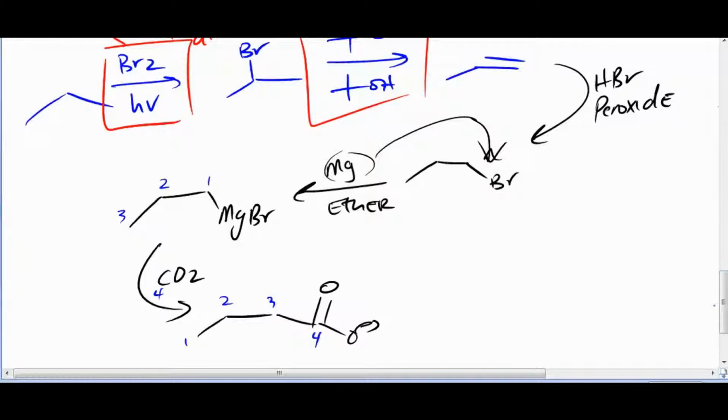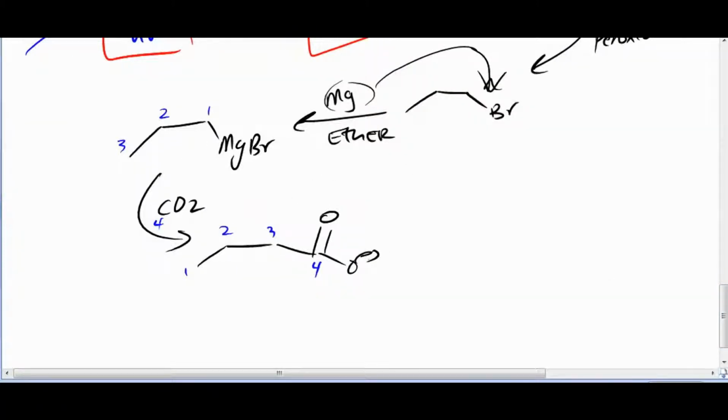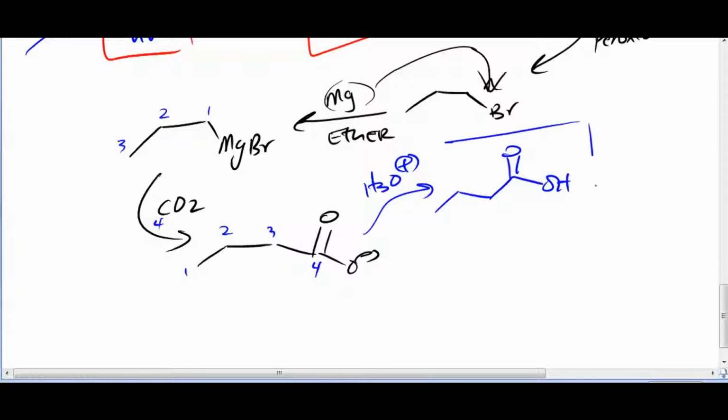And now notice that I form a carboxylate and not the carboxylic acid. So I have to protonate this guy. Is it fair to just say workup? Yeah, acid workup will do. Does it make sense? Yeah. So this is just one way of forming the carboxylic acid.